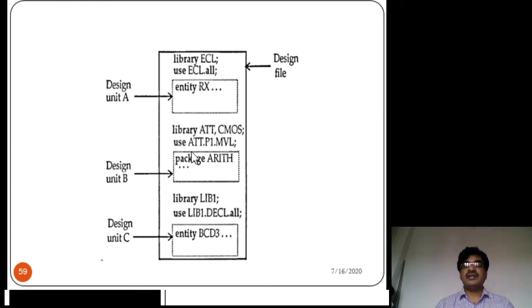Similarly, whatever declarations you have in the libraries ATT, CMOS are all visible to the package arithmetic. Similarly, whatever declarations you have in library 1 are visible to the entity BCD3. Therefore, the explicit visibility can be done by using library clauses and use clauses.